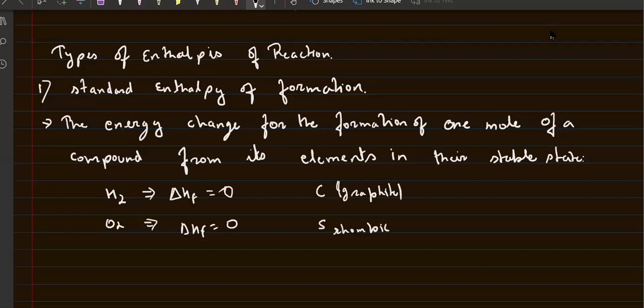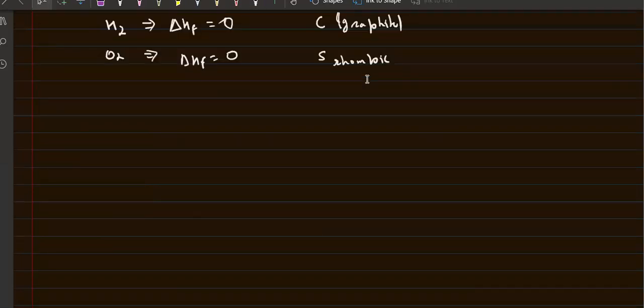So these are their natural states. There are 110 plus elements, so it will be given in the problem.